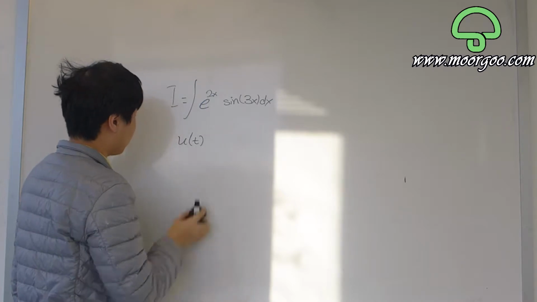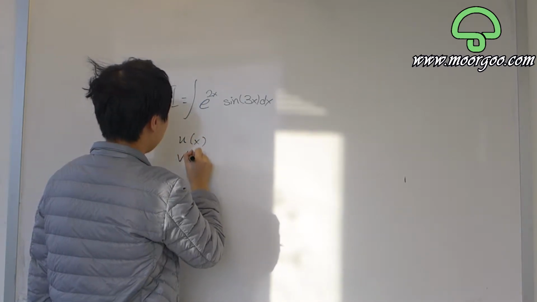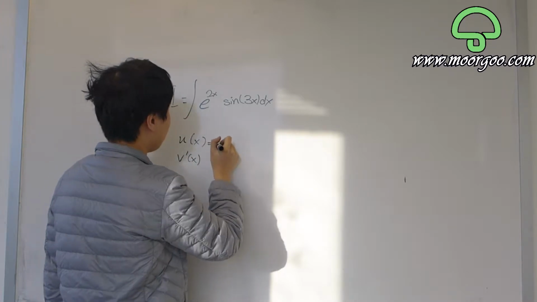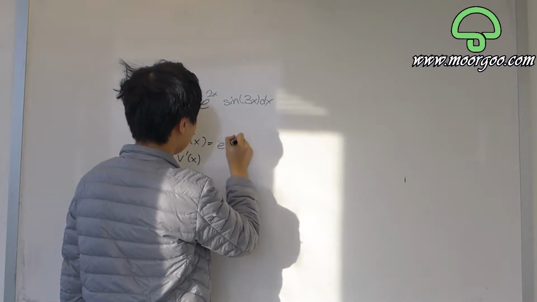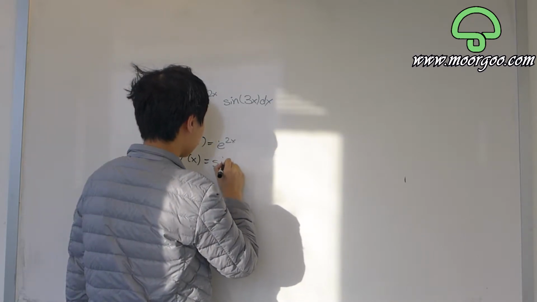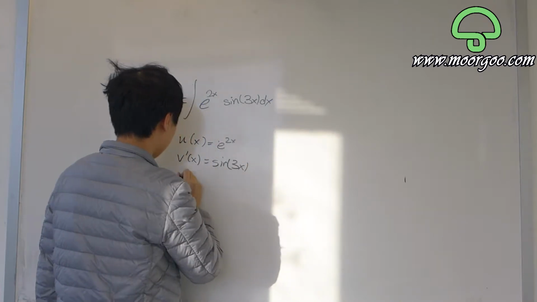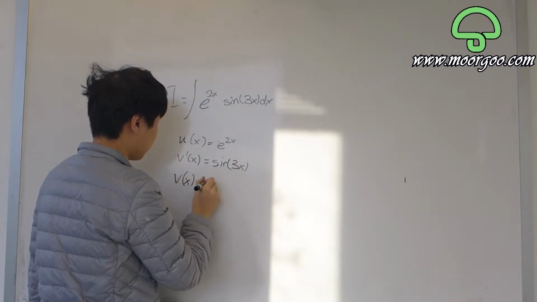Let's say we want to do it like this. What is v of x?